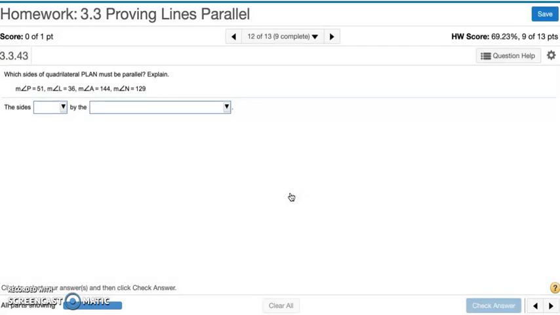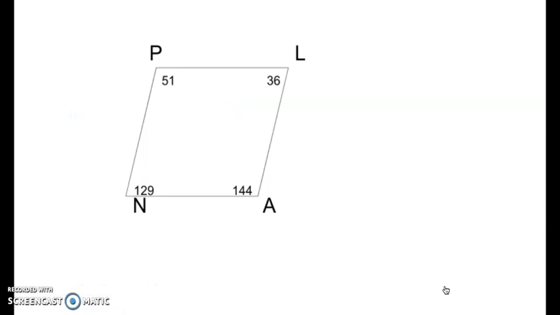Number 12. Which sides of quadrilateral PLAN must be parallel? Well, let's draw it out and see. So here's PLAN.